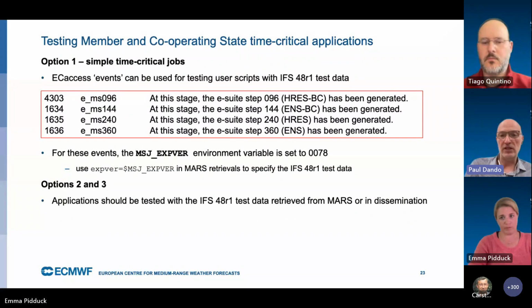Again, if you need the data downloaded from the test ECPDS, let us know and we can arrange that for you. It's particularly important for any of you who are running, say, a limited area model, which is using ECMWF model level data, for example, as the initial or lateral boundary conditions.